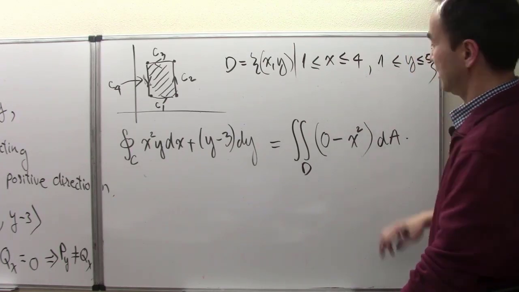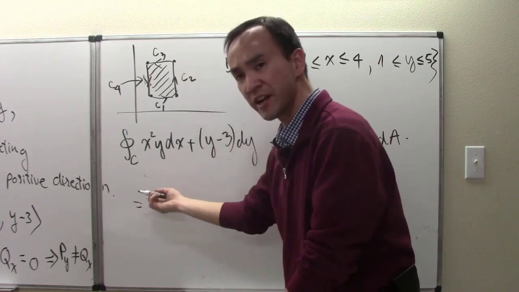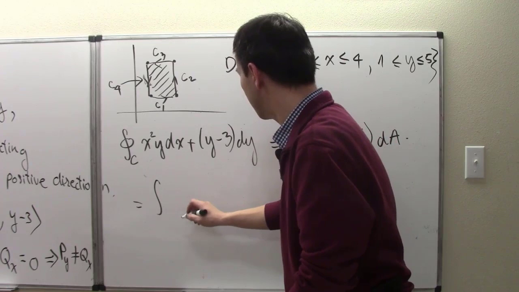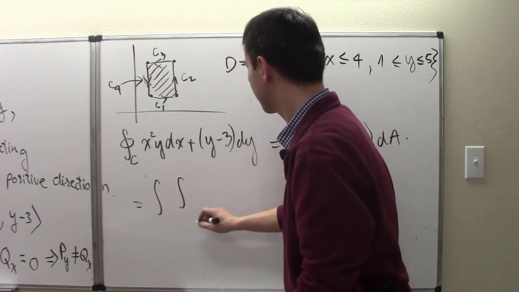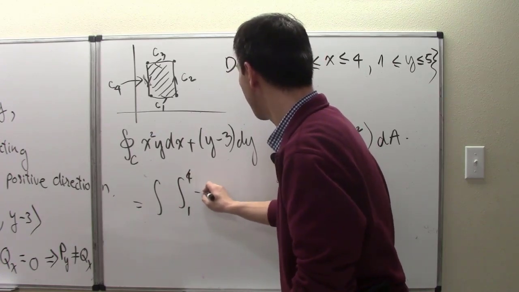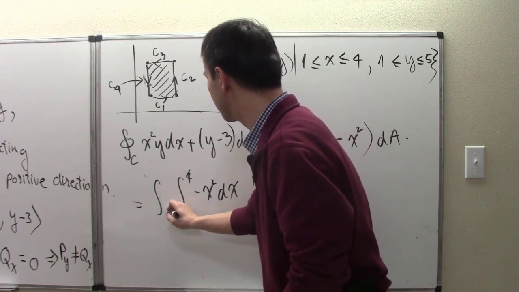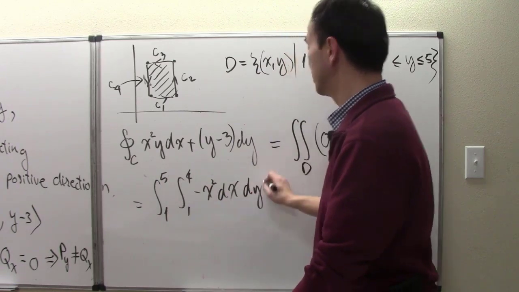With this, we can turn that into an iterated integral in whichever order we prefer. I will go with the x inside. So I'll go from 1 to 4 of minus x squared dx, and then do that again from 1 to 5 with respect to y.